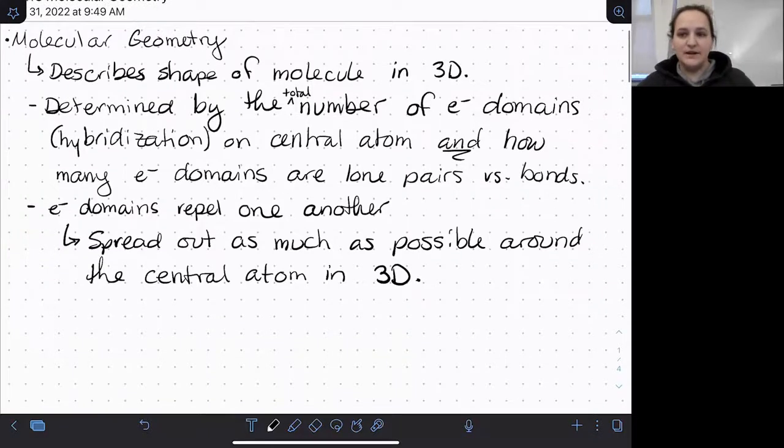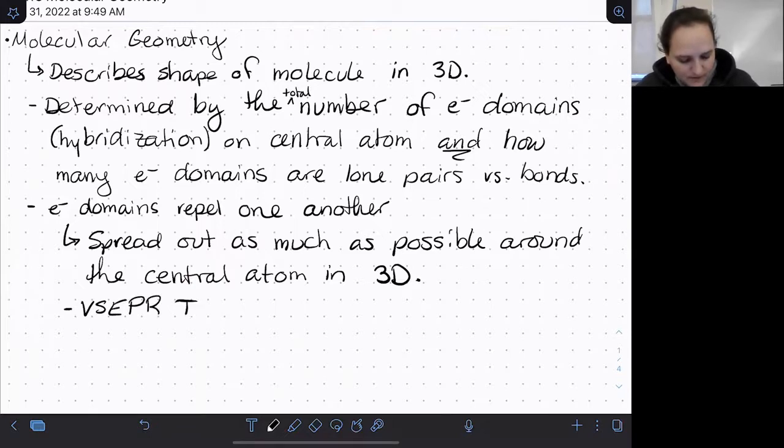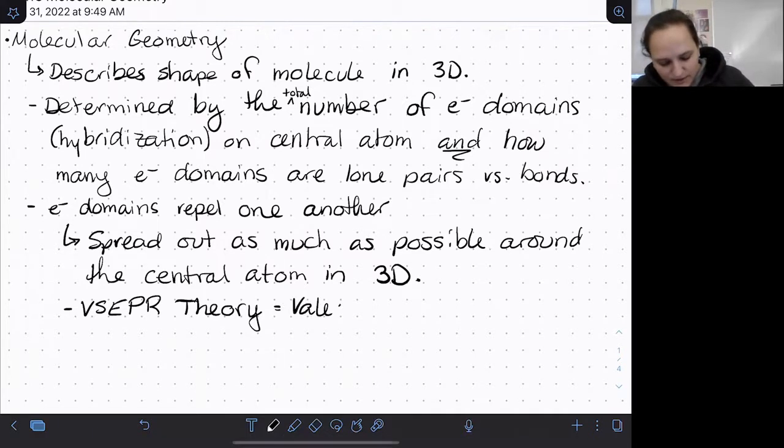So this idea of the electron domains repelling one another is known as VSEPR theory, commonly pronounced as VSEPR, although that's not really how it's spelled. VSEPR theory is what everybody calls this, which stands for valence shell electron pair repulsion.